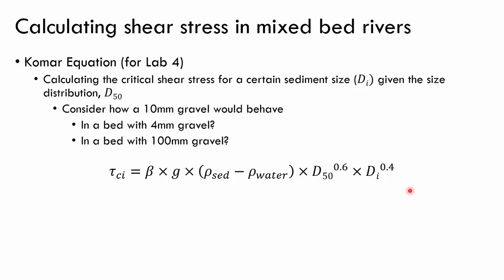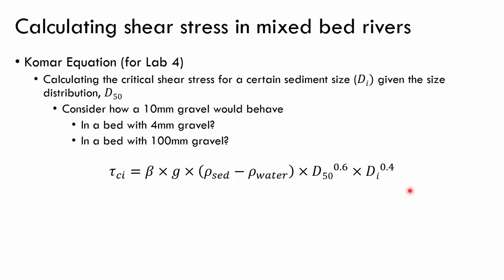But instead of just using the D50 like we do in the classic critical shear stress equation, we're going to break out the diameters into the D50 again, but we're going to take that to the 0.6 power, so we're actually going to lessen the impact of that in the overall equation.